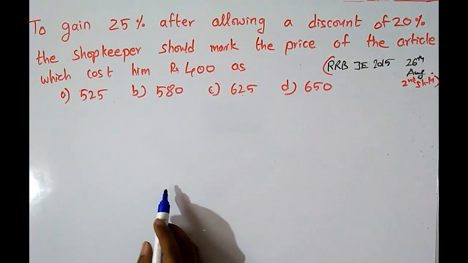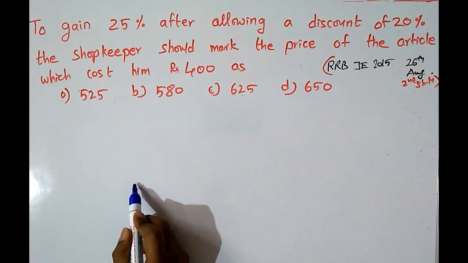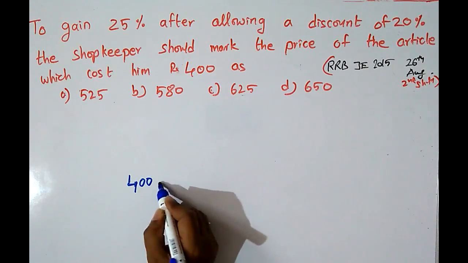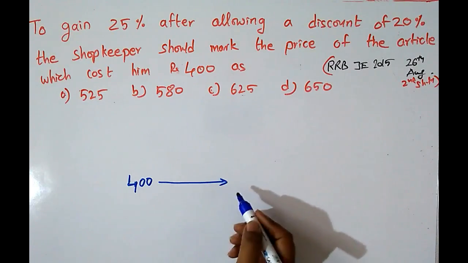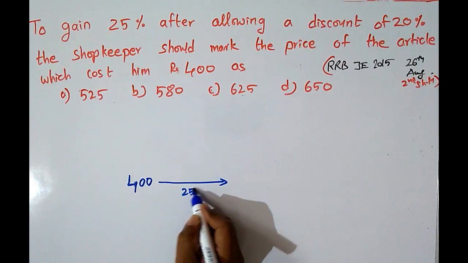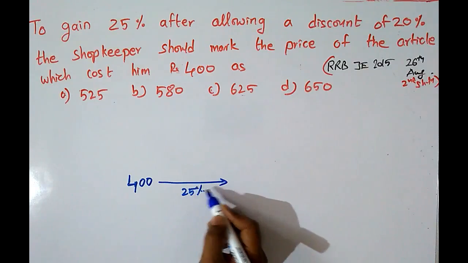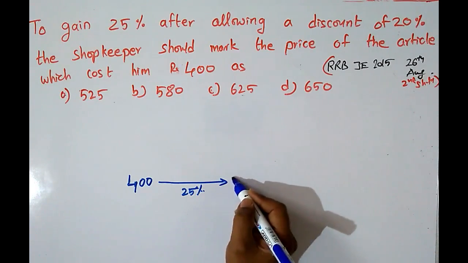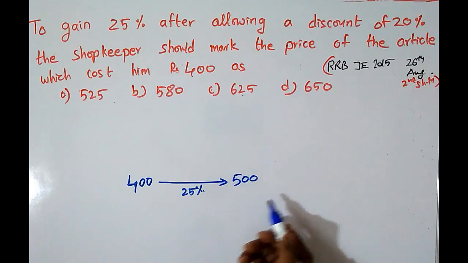Okay friends, we will go with the format. Suppose the cost of the good is 400, and after getting 25% profit, it will become 500, friends.